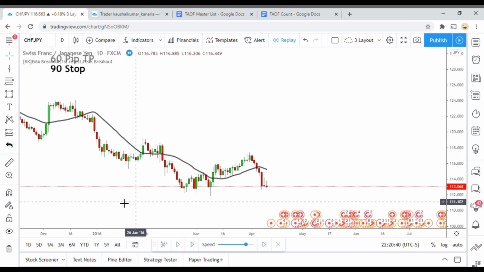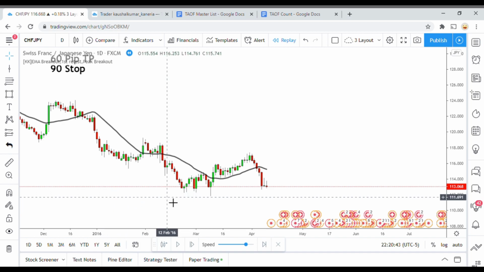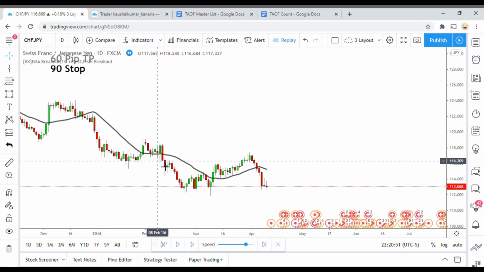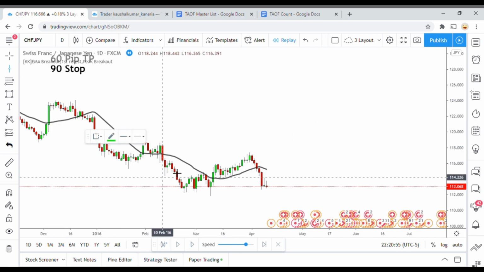And so you can see that if we were to trade just a retest of the moving average that didn't necessarily touch the moving average, then right here we get a break below the moving average.